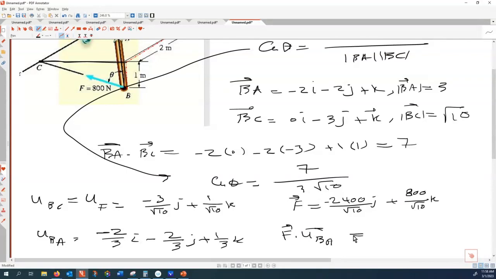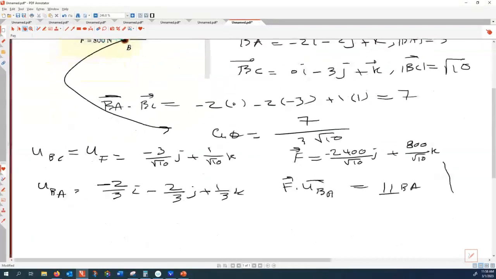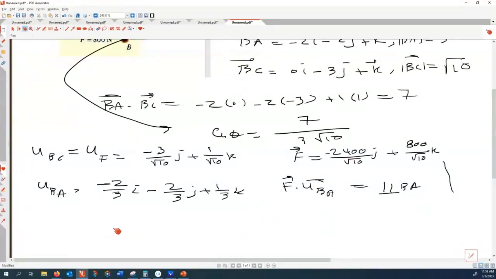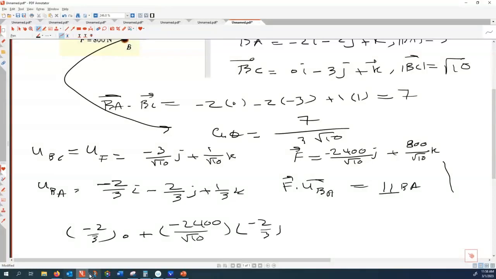And that gives me what? That gives me the component parallel to BA. That is going to be minus 2/3 multiplied by 0, since F doesn't have an I component, plus 2400 over root 10 multiplied by minus 2/3, correct?